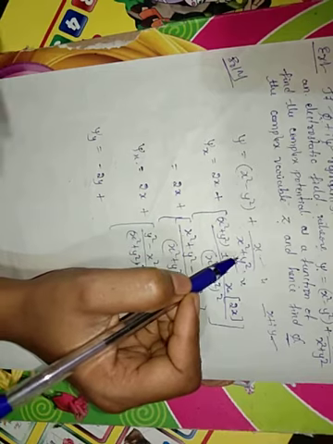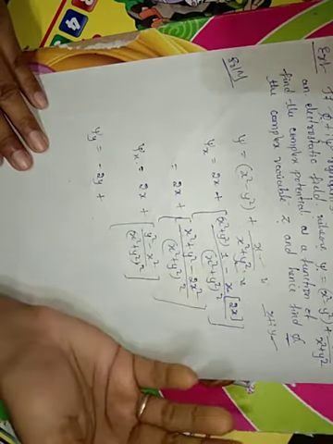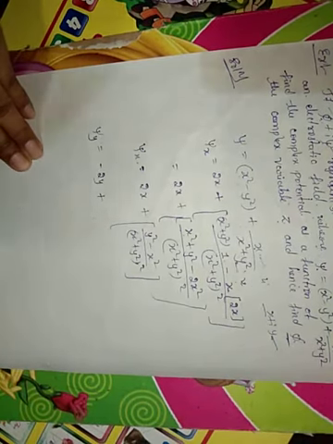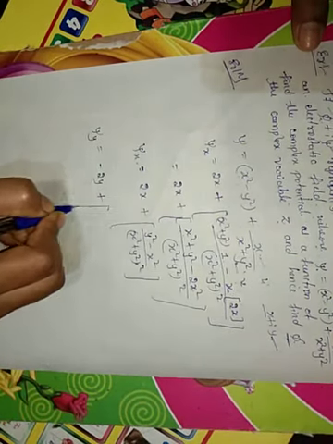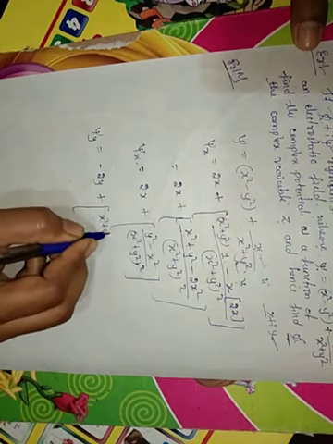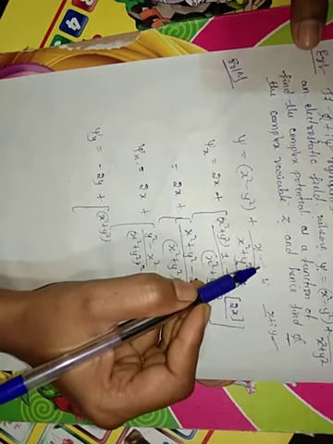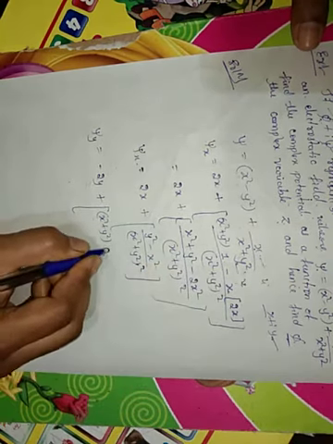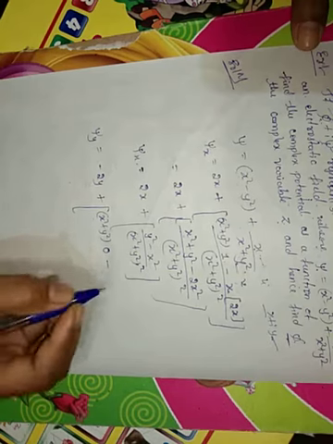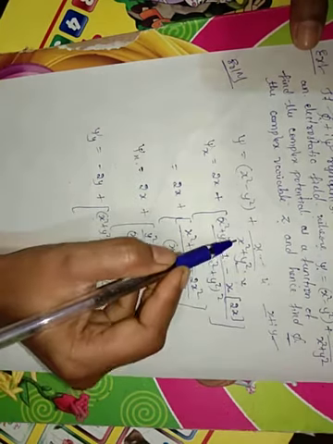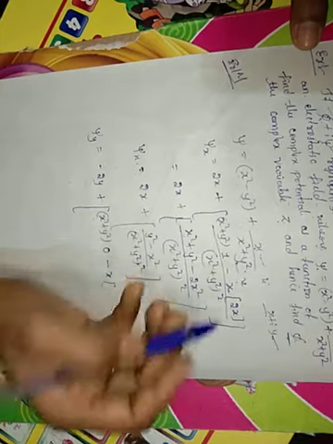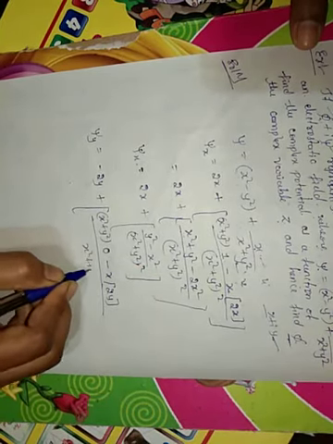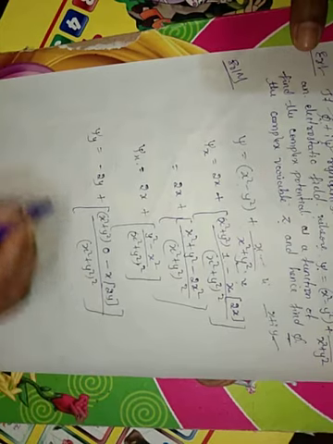I am going with the u by v form because no confusion will arise. So u by v equal to x square plus y square into the derivative of the numerator with respect to y, which is 0 since there is no y, minus x into the derivative of x square plus y square with respect to y, which is 2y, divided by v square, x square plus y square whole square.